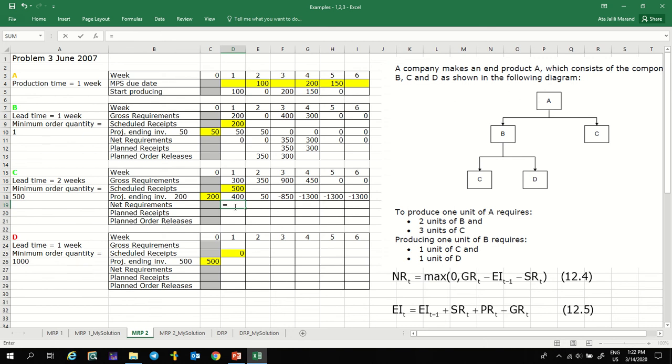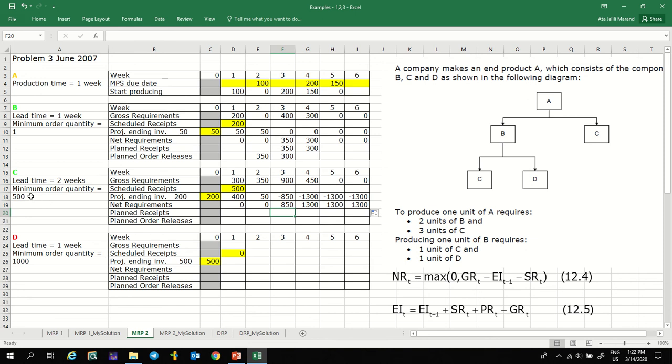Then net requirements, which is the maximum of 0 and gross requirement minus ending inventory from the previous week minus the scheduled receipts, and it is 0 for week 1. I am just dragging it so I will get these numbers for the next weeks.